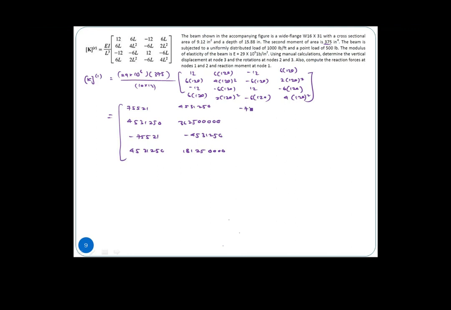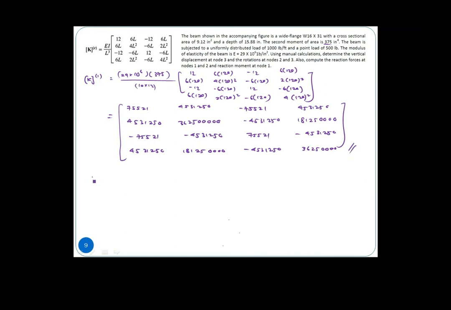Then we have negative 75521, negative 453150, 75521. We have negative 453150, 453150, 18125, 453150, and finally we have 23625. Right, so that will be the first stiffness matrix.